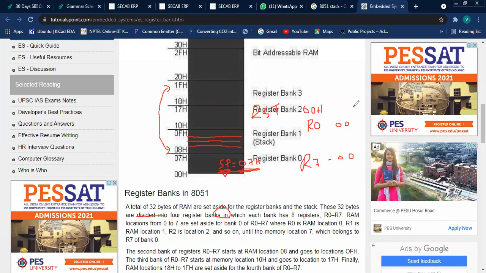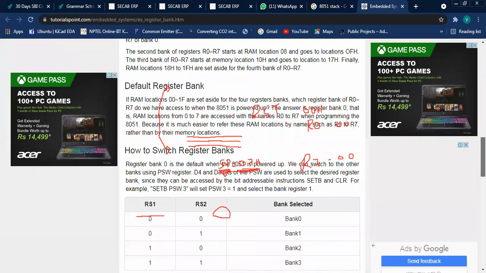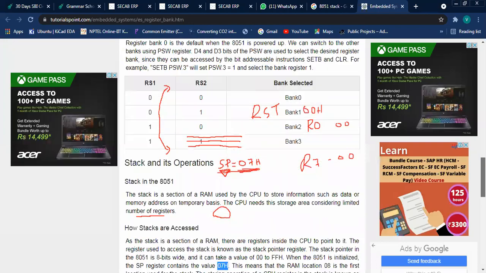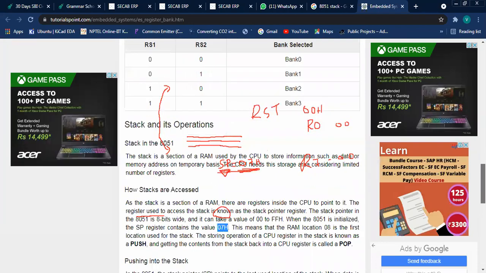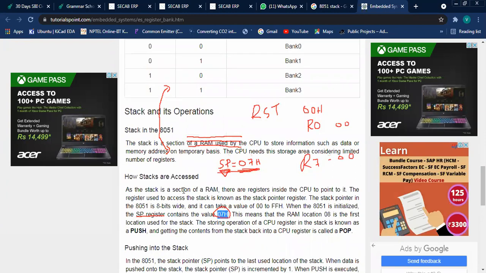To access the stack memory, there is a register pointing to which memory is free, and there are two instructions that we have already discussed.